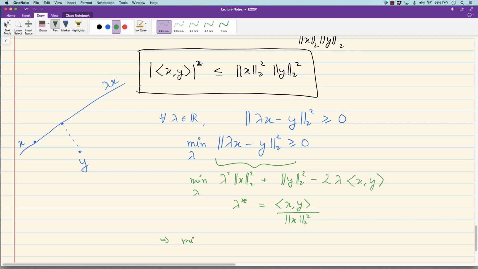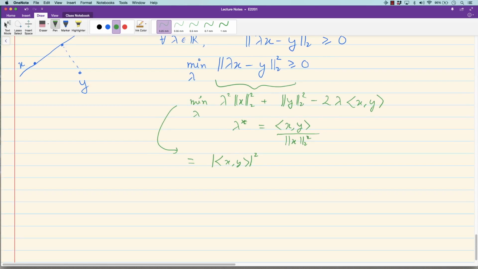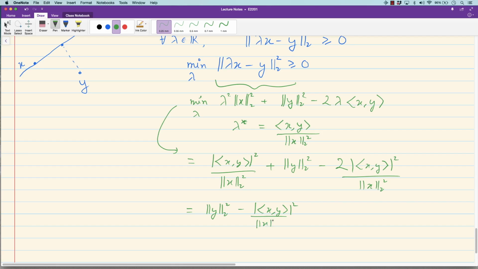So this implies the minimum over lambda of this thing here is equal to, substituting this lambda, mod xy squared divided by norm x squared, but one norm x squared cancels, so it's just norm x squared plus norm y squared minus 2 times mod xy squared over norm x squared. So this is exactly equal to norm y squared minus mod xy squared by norm x squared.